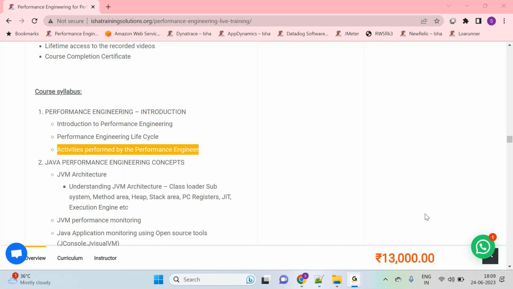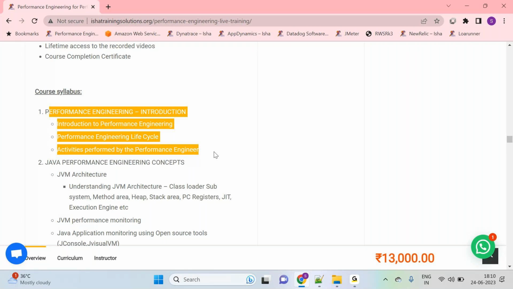For that, you need to know the activities performed by the performance engineer. Then you can conclude, okay, I know this skill set, so I can contribute in this layer, and over a period of time I can learn other spaces also and contribute there too. So this is what we are going to discuss in the introduction part.